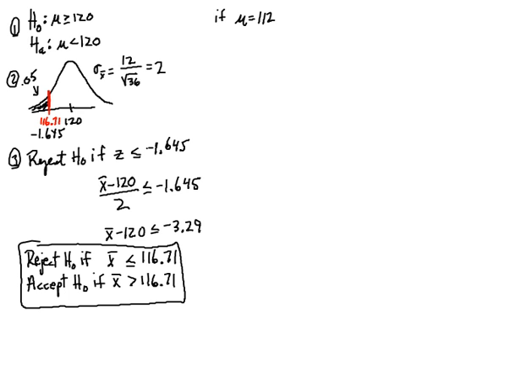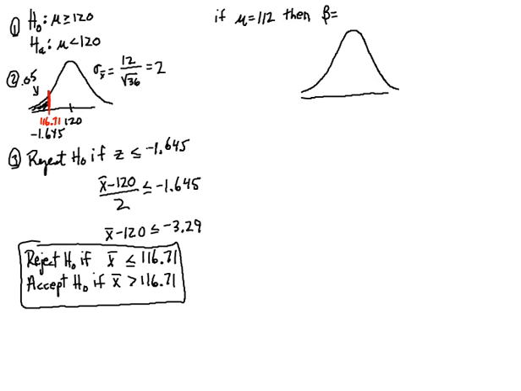So if mu is equal to 112, then what is beta? Beta is the probability of making a type 2 error. How can I calculate beta? Well, let's look at the decision statement. I'm going to accept the null hypothesis if the sample average is greater than 116.71.